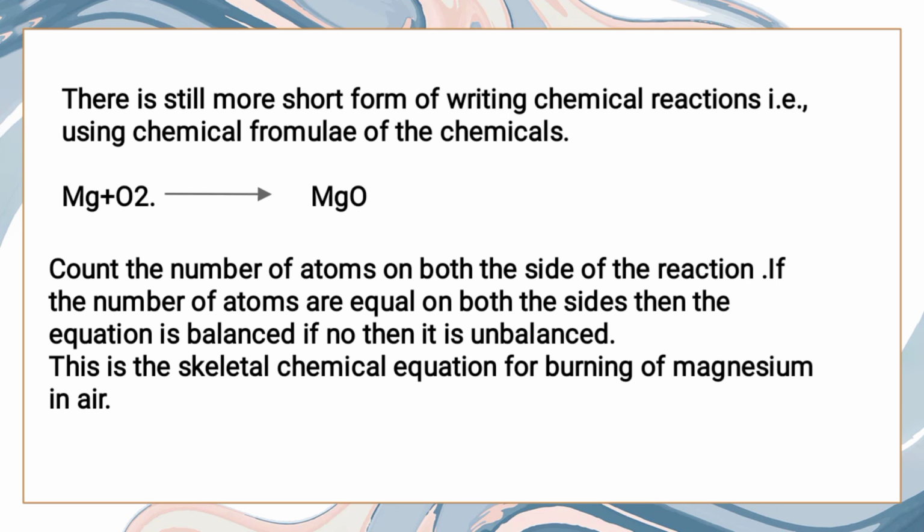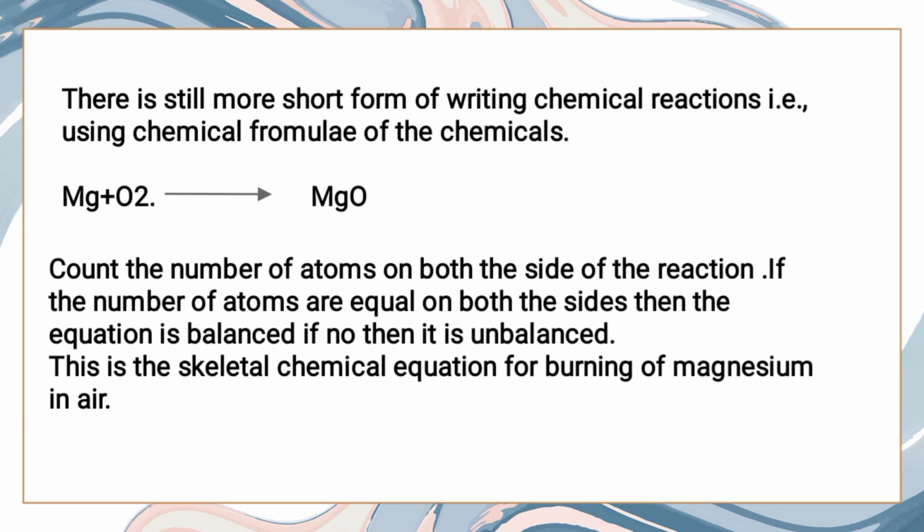Magnesium is balanced here. Oxygen, you have two atoms on the reactant side but only one atom on the product side. That means this reaction is imbalanced. This is a skeletal chemical equation for burning of magnesium in air.